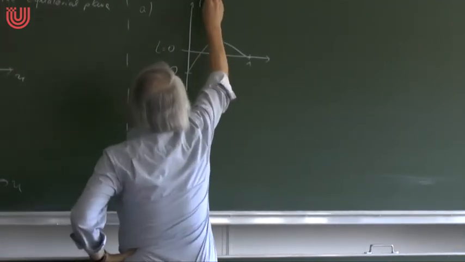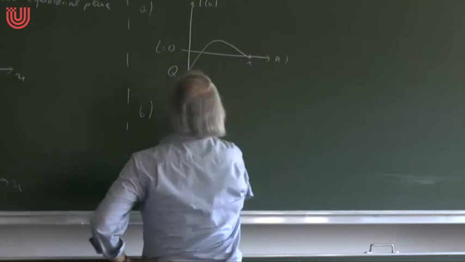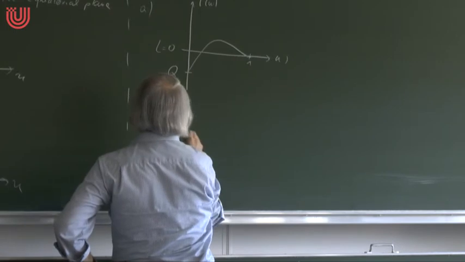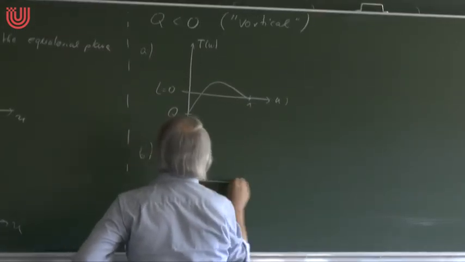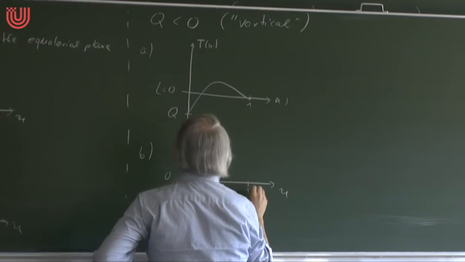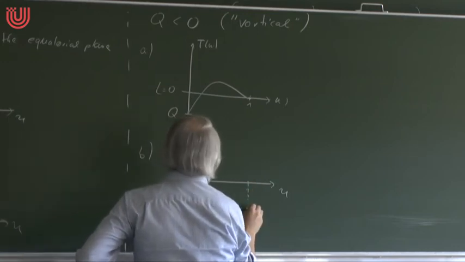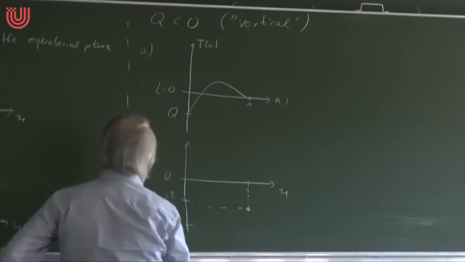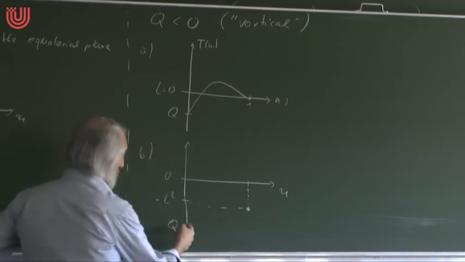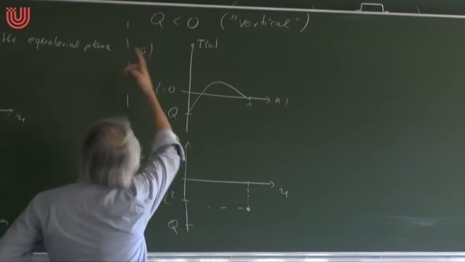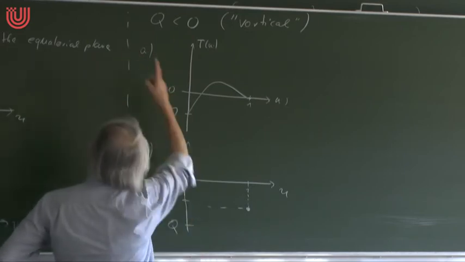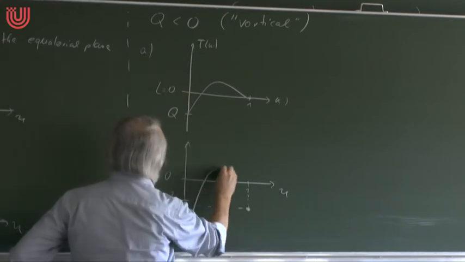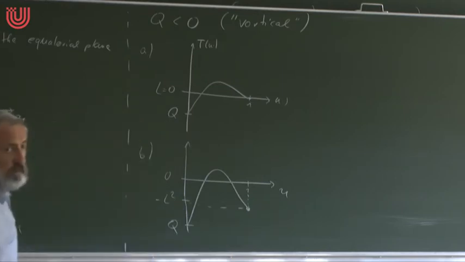And case B would be that L is non-zero. So then we have the graph going through this point, and it begins at some negative value Q. And if it should take some positive values, if it is really an orbit where this equation is satisfied somewhere, where the right-hand side is positive somewhere, then it must have two intersections with a 0 line.